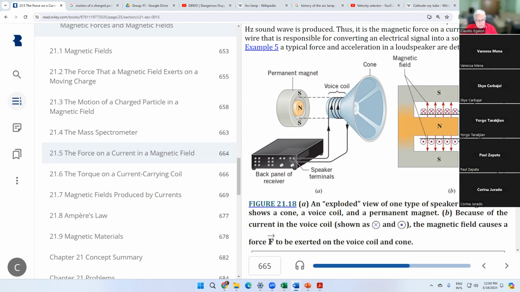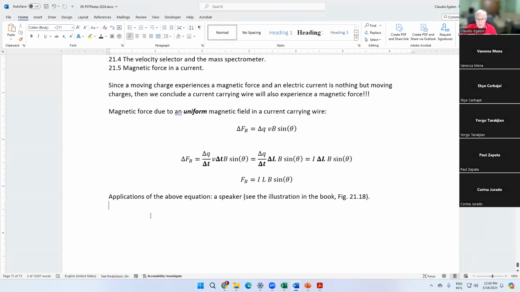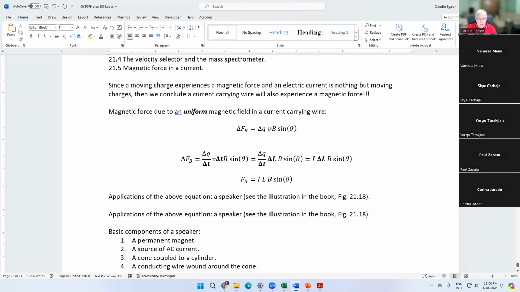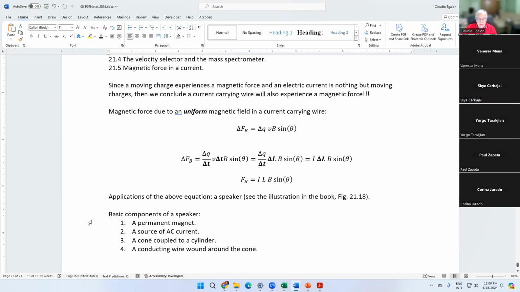Basic components of a speaker, right? I'm going to document here my notes for you. Basic components of a speaker: a permanent magnet, a source of current that oscillates, a source that makes the current vary back and forth.